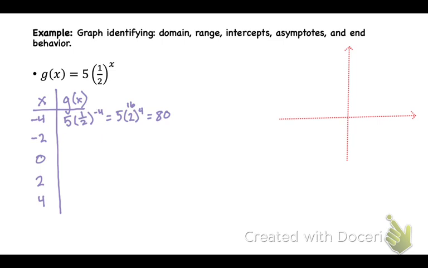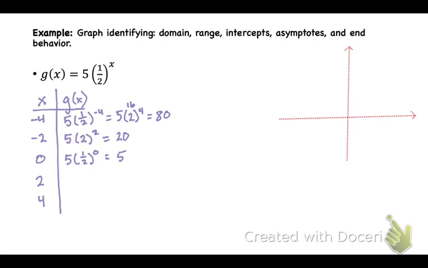Okay, so then I'm going to have 5 times 2 to the what now? Second? Because the -2 reciprocated it and then became positive. So it'd be 20. Now I'm going to have 5 times 1/2 to the 0. Well, anything to the 0 is 1, so the answer is just 5. Am I going too fast?